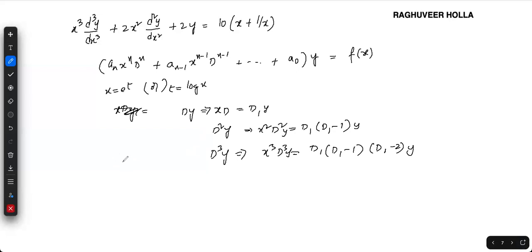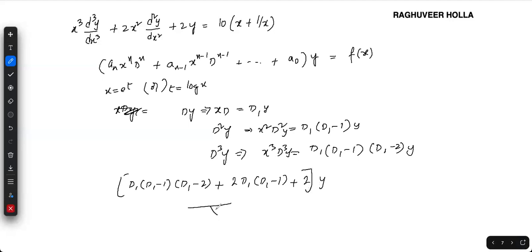So let us substitute all this: D1 into (D1 minus 1) into (D1 minus 2), taking y as common, plus 2 into D1 into (D1 minus 1) plus 2, and this whole thing acts on y.